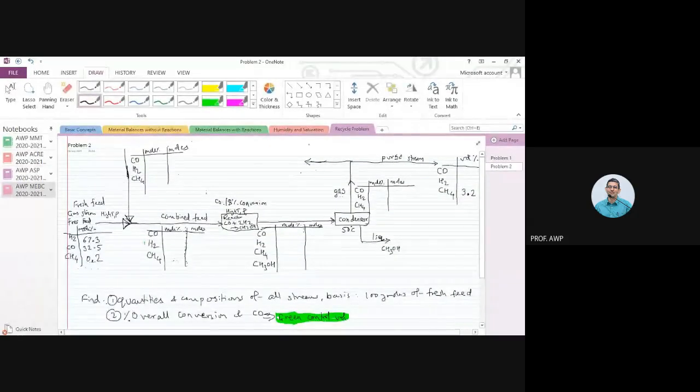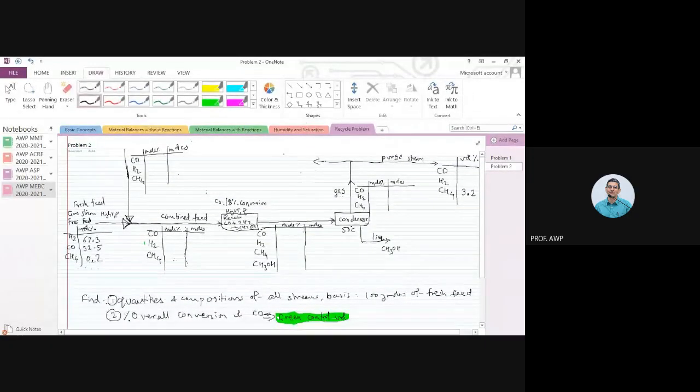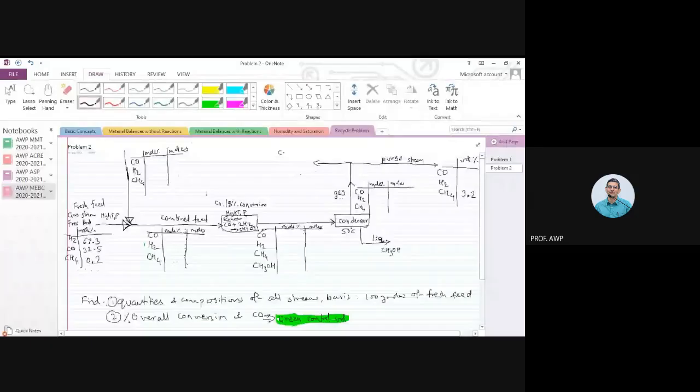And there is a different stream that is going out. This also is going to contain carbon monoxide, hydrogen, and methane.